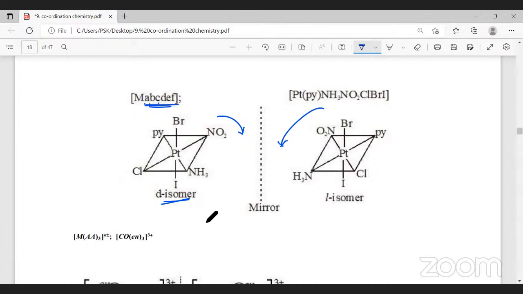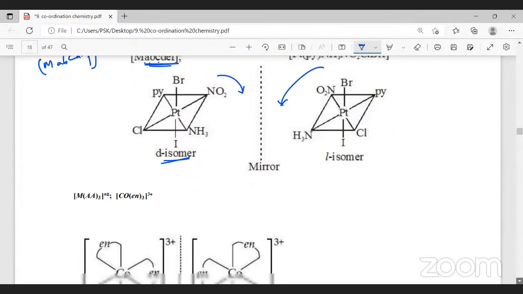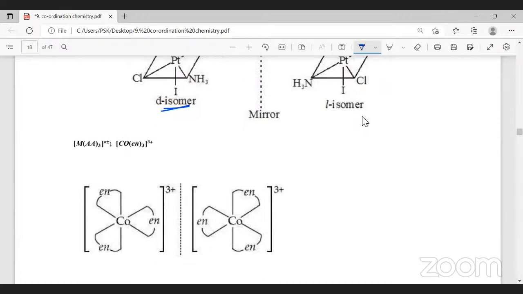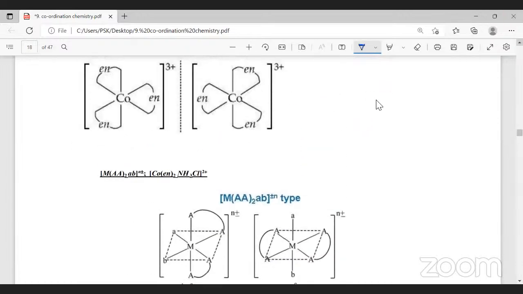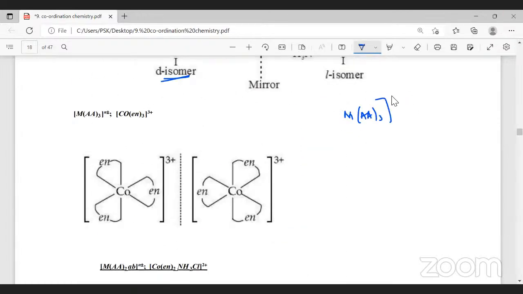Did you observe? We learned earlier the M, A2, B2, C2 type. Here we have A, B, C, D, E, F type. All the ligands can be different. And now we're going to learn something called the MAA3 type, n plus or minus.